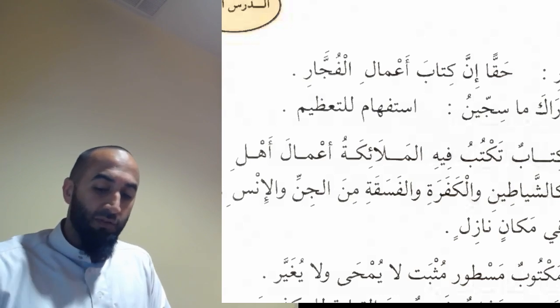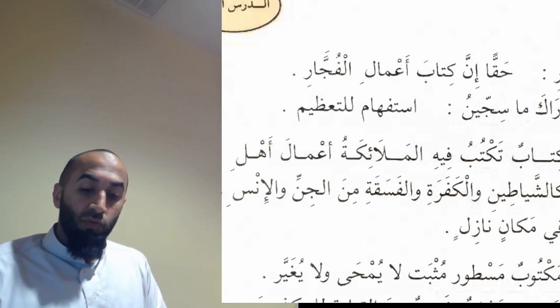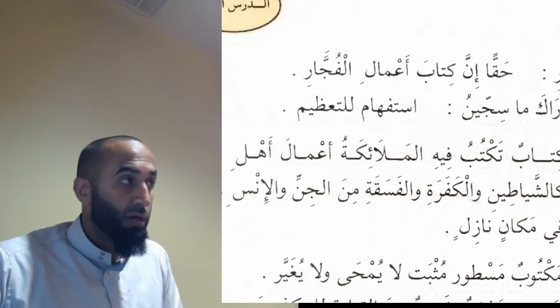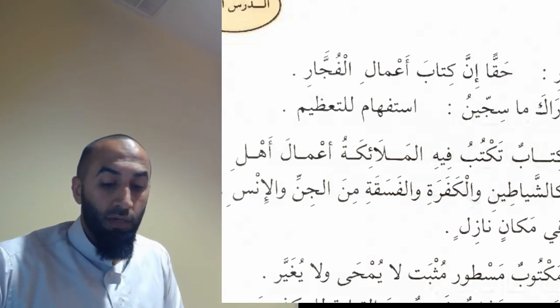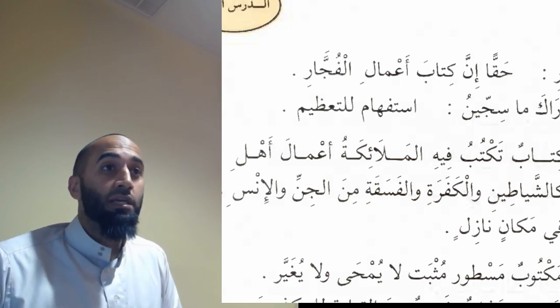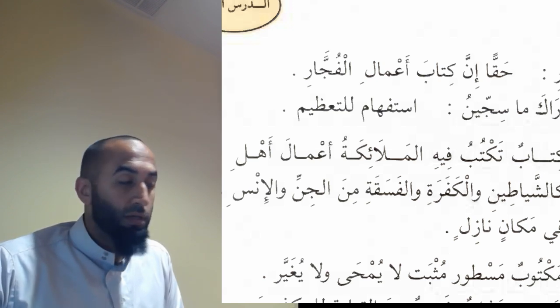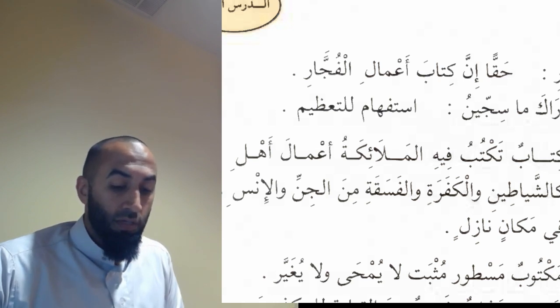We're going to explain all of this. سجين كتاب تكتب فيه الملائكة أعمال أهل الشر كالشياطين والكفرة والفسقة من الجن والإنس وهو في مكان نازل.